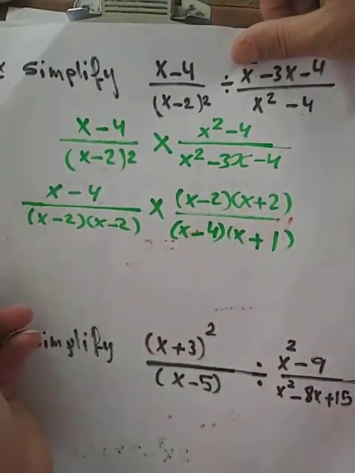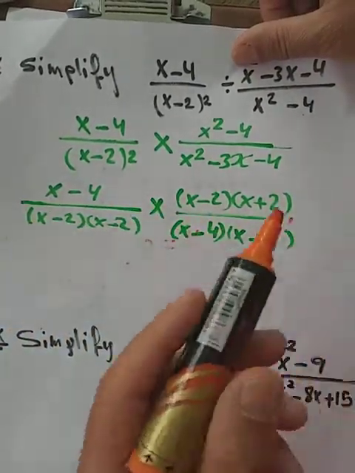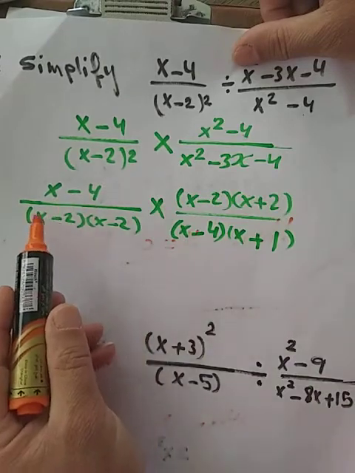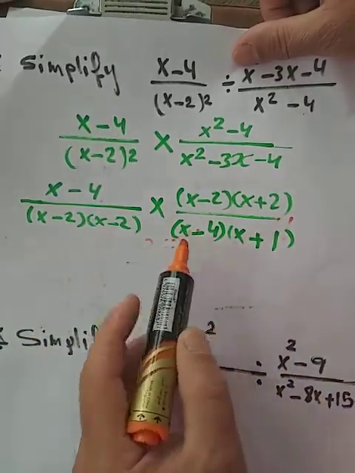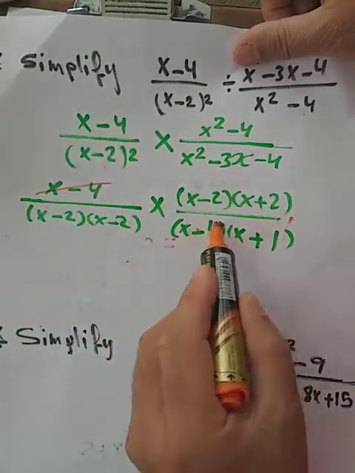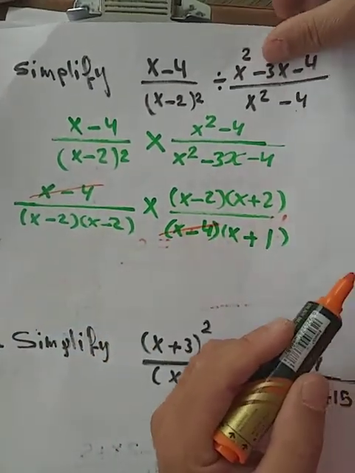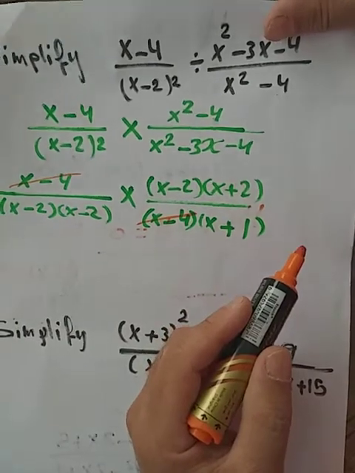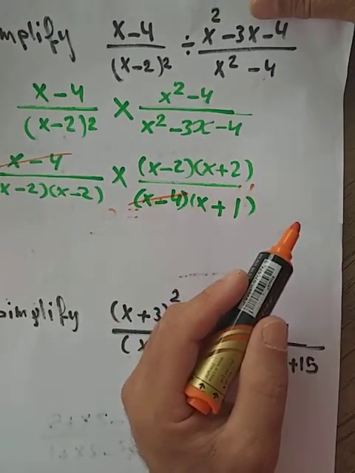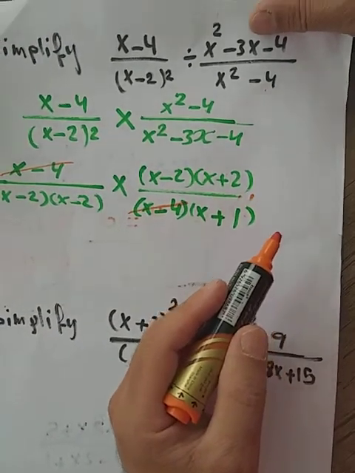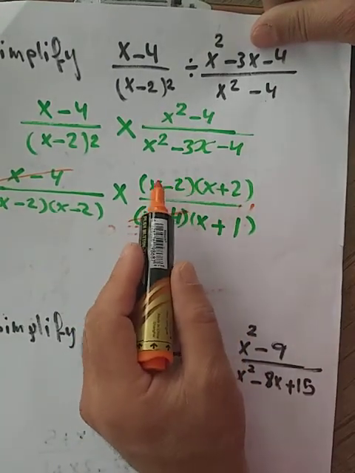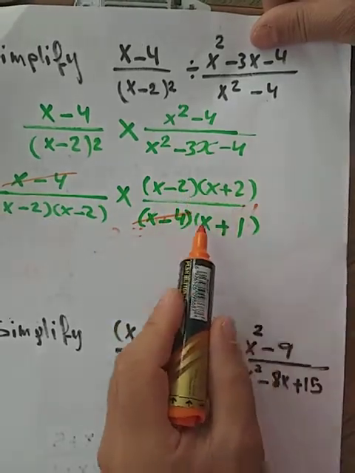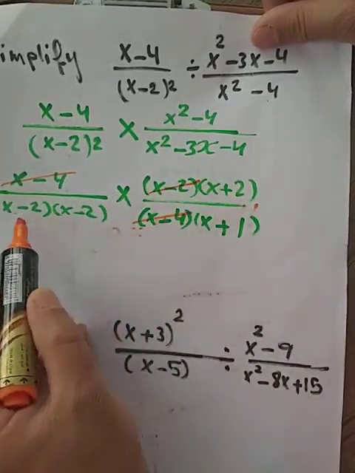Now, we start from left to right. X minus 4. Do you have x minus 4 in the denominator? Yes. Cancel it. After x minus 4, x minus 2. Do you have x minus 2 in the denominator? Yes. X minus 2, x minus 2.